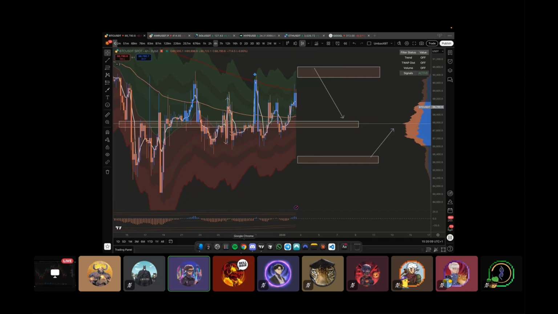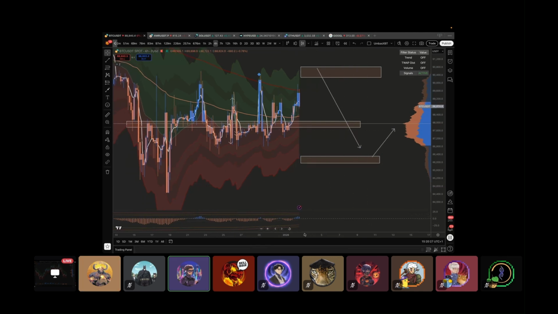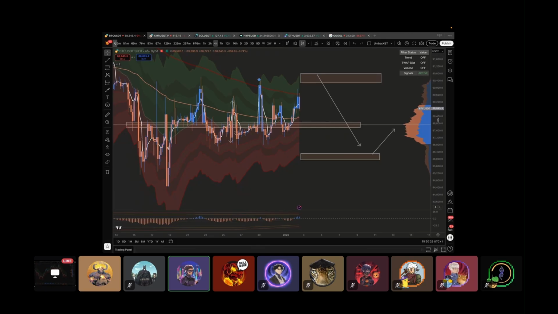Personally, I wanted to see us clear some of these lows before we went up. So back down to around 84K would have been nice, because then I feel like the upside potential would have been higher. Now it looks like we're doing the opposite, right?